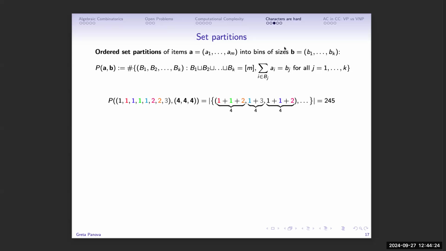One way to do it is we can take this one and this one and this 2. We get a 4. This one, this green, the blue 1 plus the 3, and so on and so forth. And there are many more ways to do this. In this case, I computed this is 245 ways of splitting these numbers into bins. So this is some generalization of Stirling numbers.